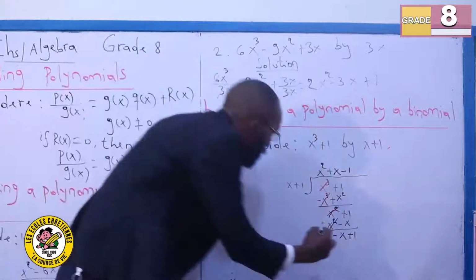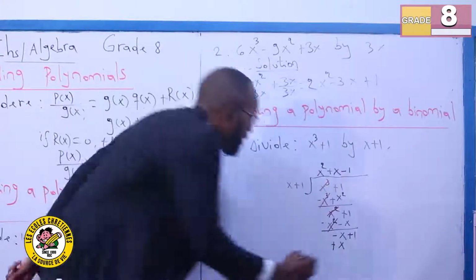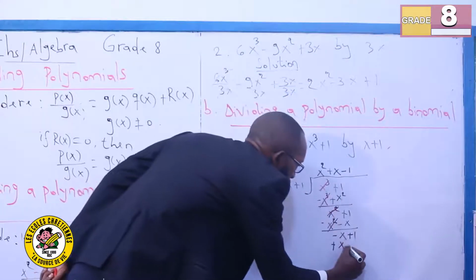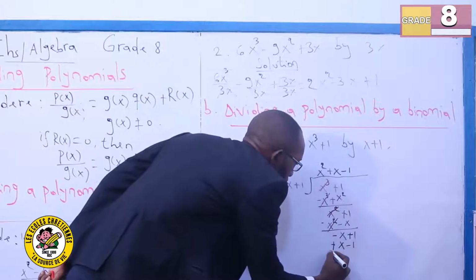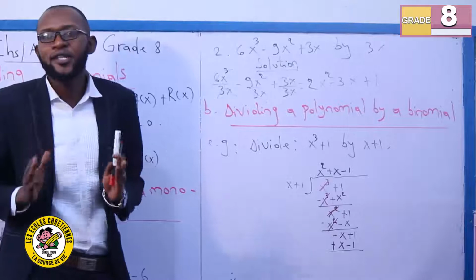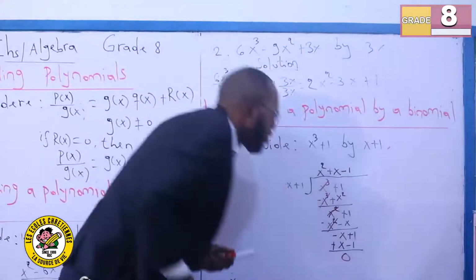When it comes here, it becomes positive plus x. And minus 1 multiplied by 1 is minus 1, here it is a plus 1. You see they are additive inverses, and the answer will be 0.